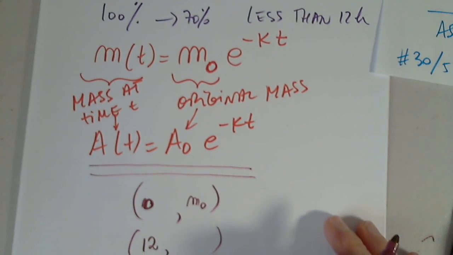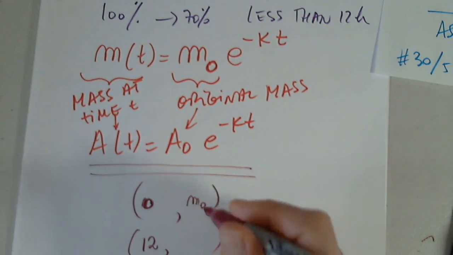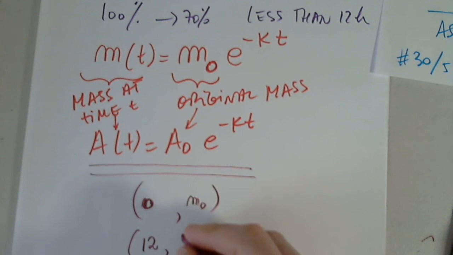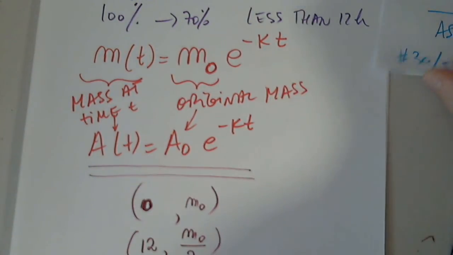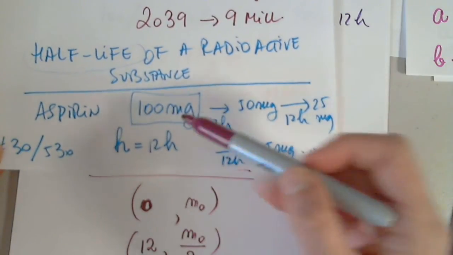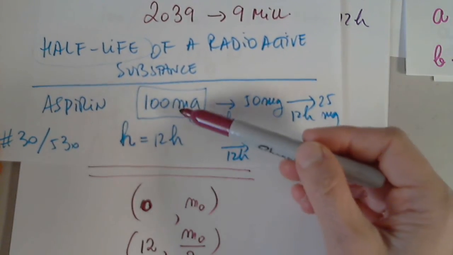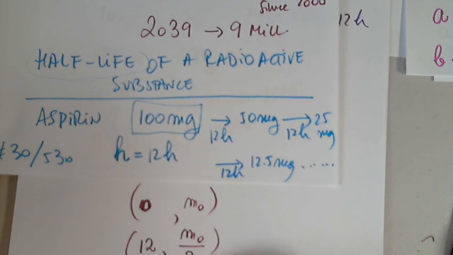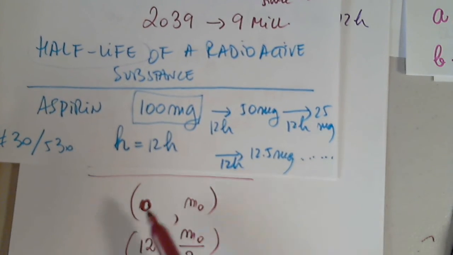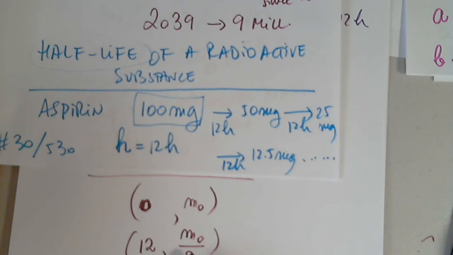How much? 50% of m0. Excellent. Indeed, half of m0. Exactly. So if I take my medication, let's say my aspirin right now, I'm taking, let's say, 100 milligrams, but 12 hours later, I will have 50 milligrams. So 0, 100, and then 12, 50.